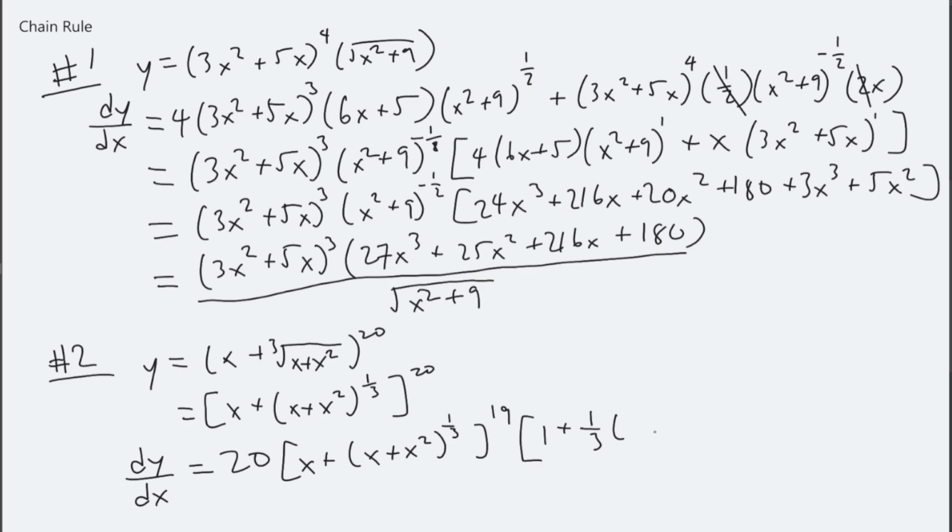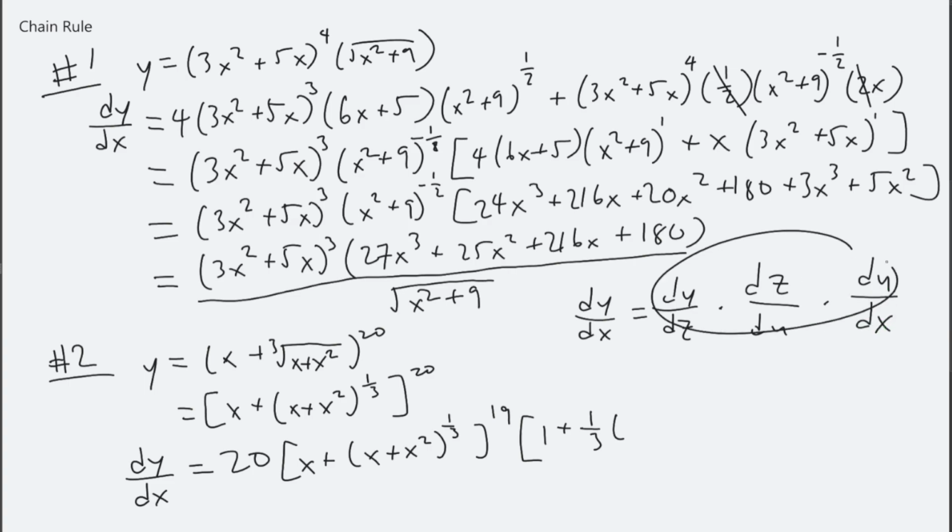So there's actually 3 parts you have to do to this question. And just for reference, in the chain rule, dy/dx in this case would be dy by some variable dz multiplied by dz by some variable du multiplied by du by dx. So there's 3-part components to this entire question.